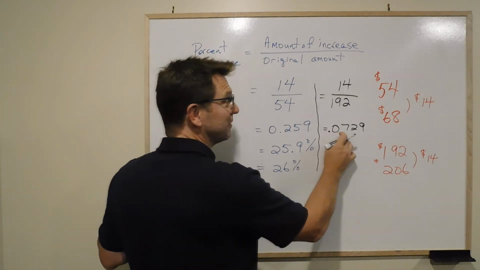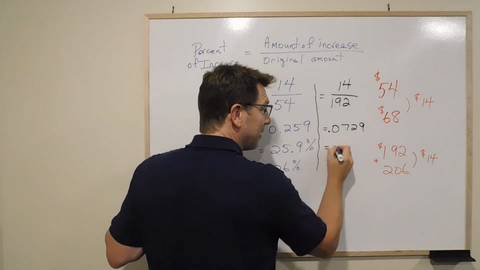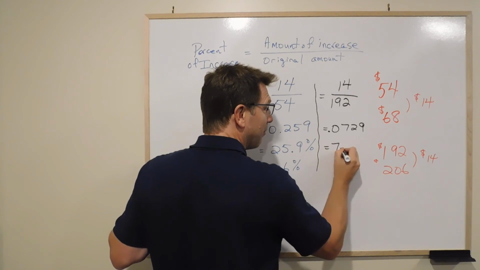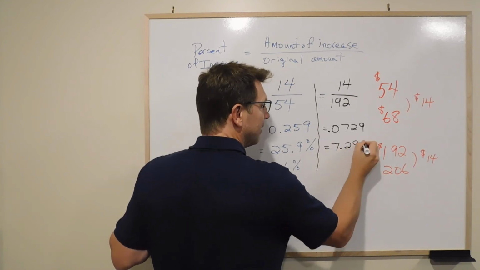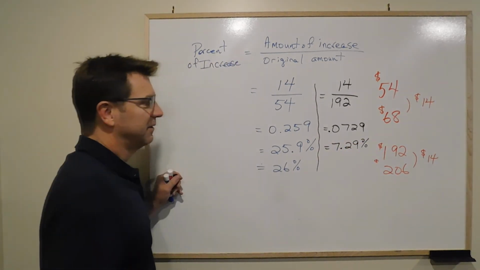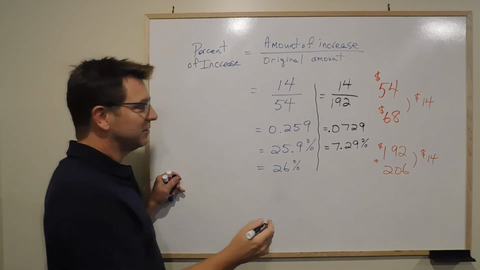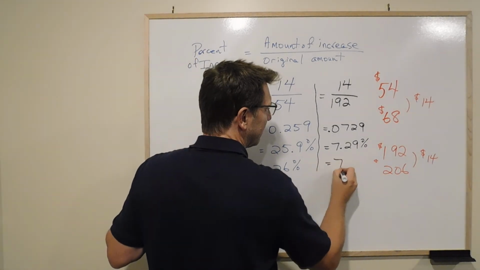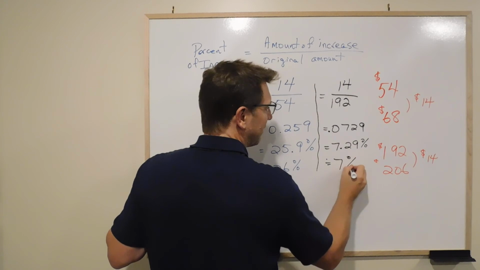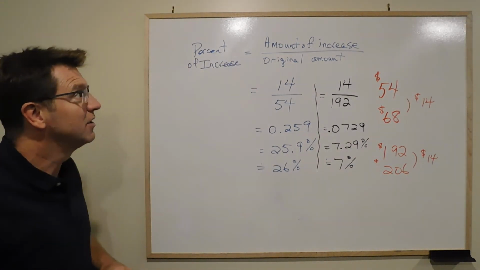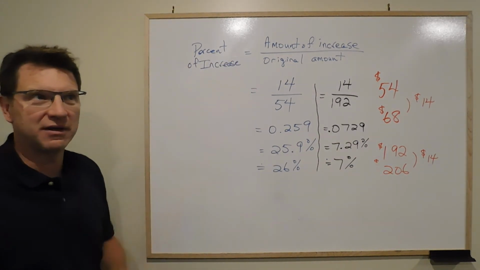It's decimal 0.729. So I multiply that by 100 and I get 7.29%. Right? Or if we round off to the nearest percent, that's approximately 7%. Okay? So that's what percent increase is.